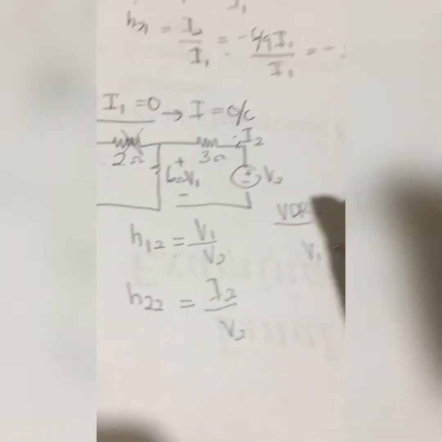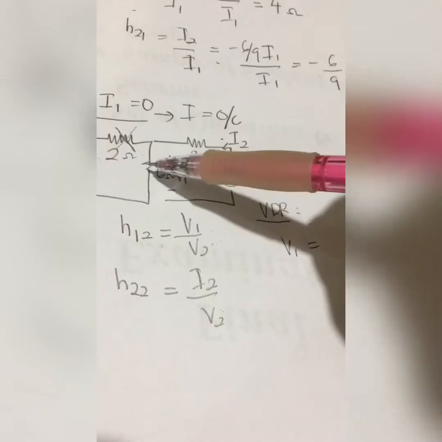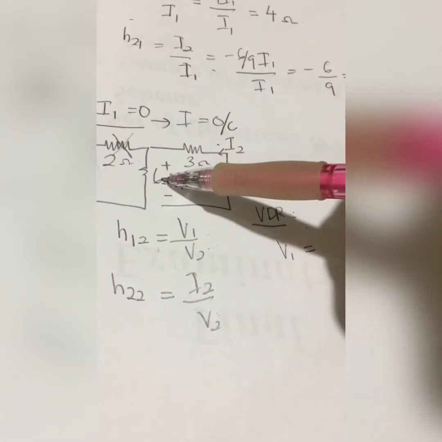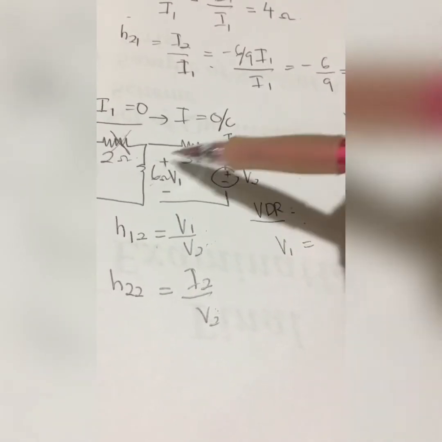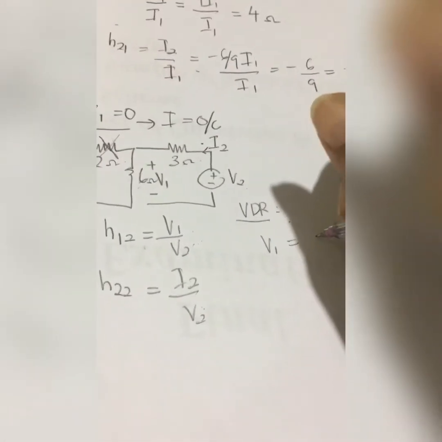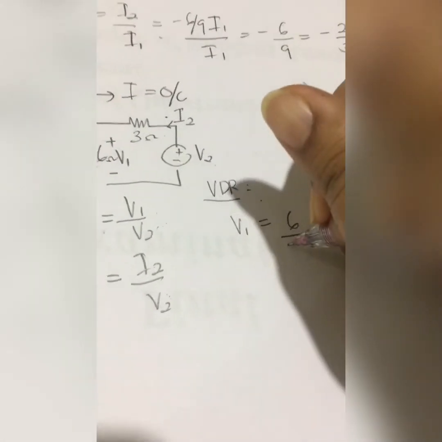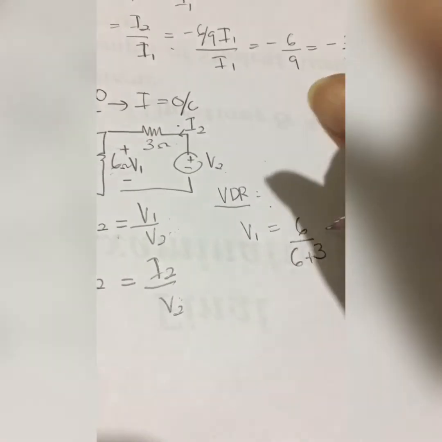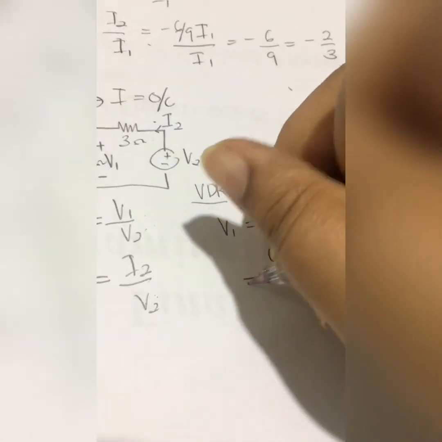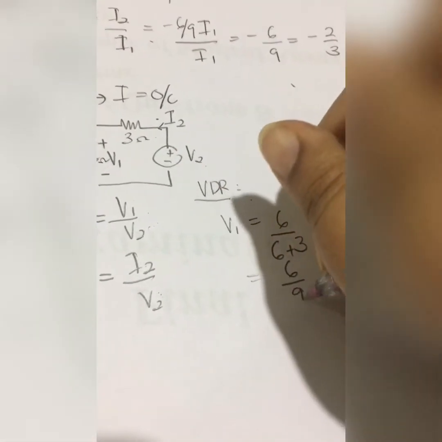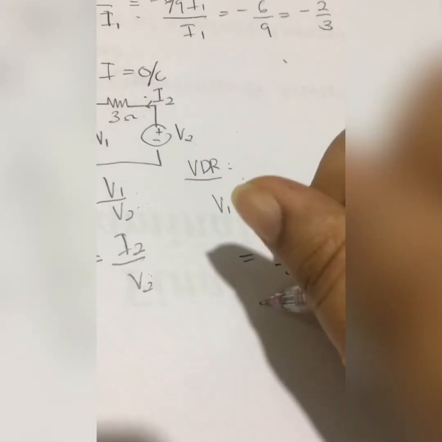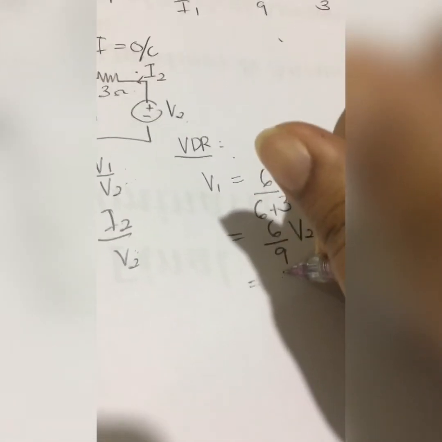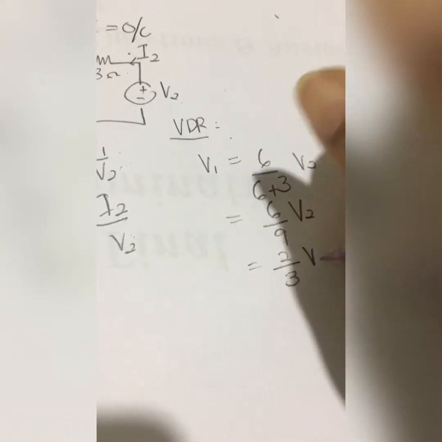So V1 is equal to, we need to take this resistor divided by the total of these two resistors. So 6 divided by 6 plus 3 multiply with V2. So we get 6 over 9 V2. So we can simplify this and we get 2 over 3 V2.